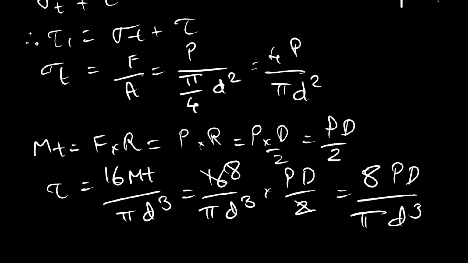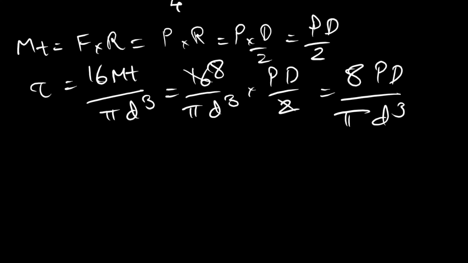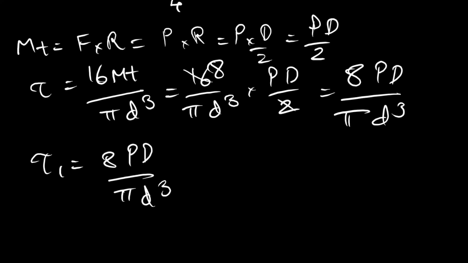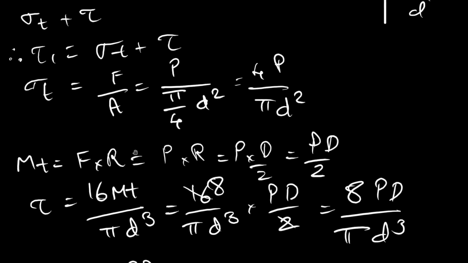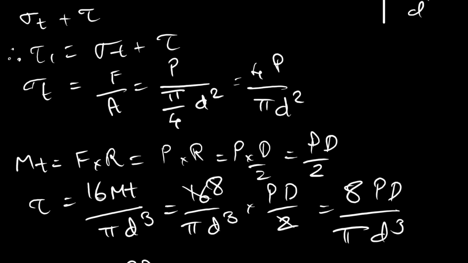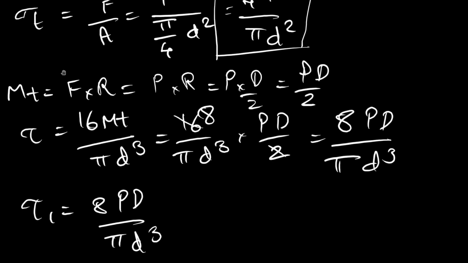So the net stress that will be acting inside the cross-sectional area is equal to 8Pd by pi d cube, this being the shear stress, plus the tensile stress, 4P by pi d square.